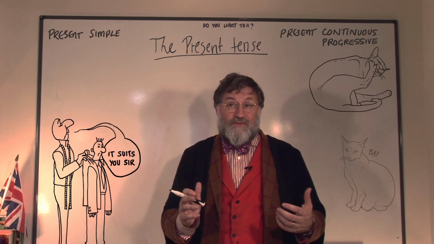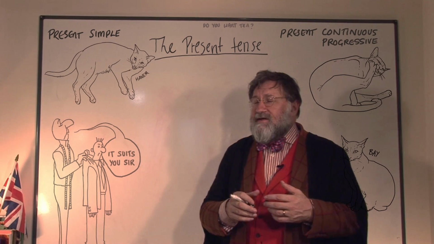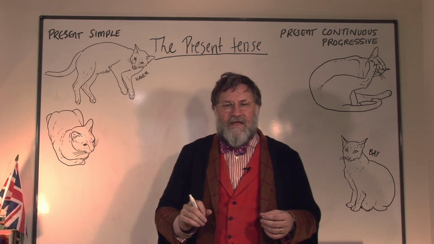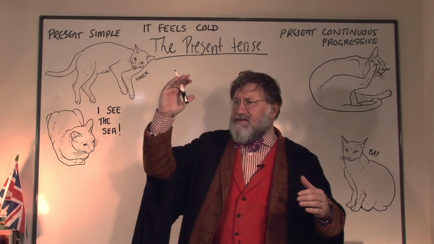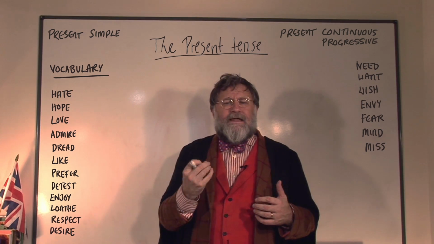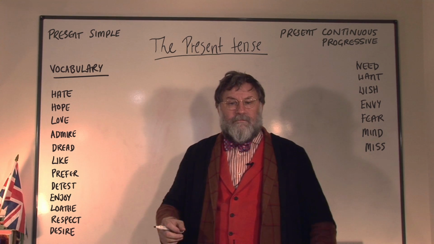Tim has 2 Siamese cats. Tim has a cold. Senses, hear, see, feel, smell, touch, taste. It feels cold. I see the sea. Feelings, hate, hope, love, like, prefer, regret, want, wish.